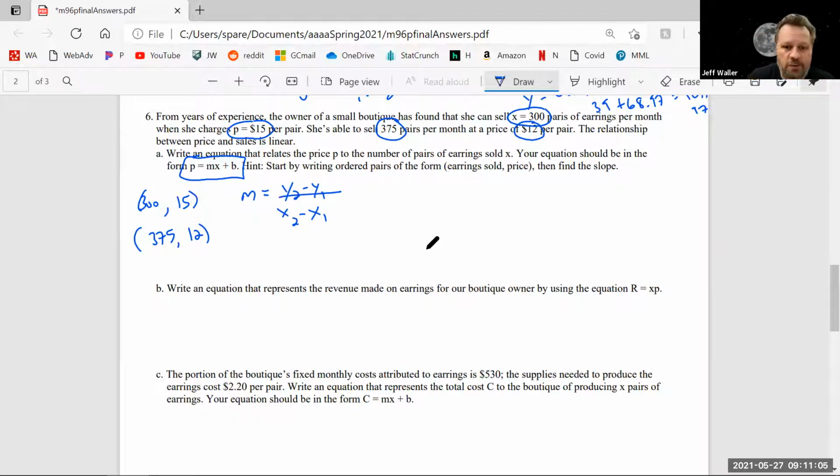Technically, if you wanted to say y1 minus y2 over x1 minus x2, not a thing wrong with that. I've got to do the difference in the same direction or else my slope ends up with the wrong sign.